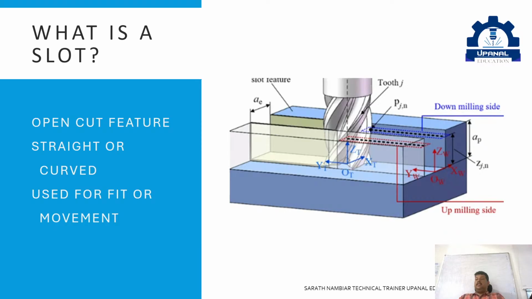You can often see slots used for fitting parts or allowing movement. Now, from the drawing point of view, you should identify where the slot starts and where it ends, and what its width and depth are. Once you see this clearly, you're already thinking at a program level.